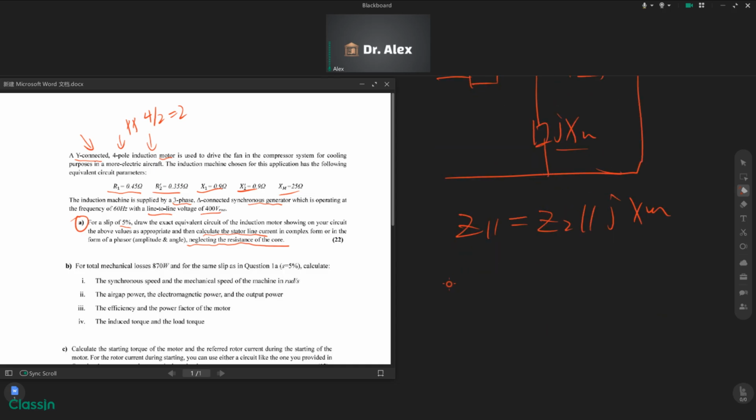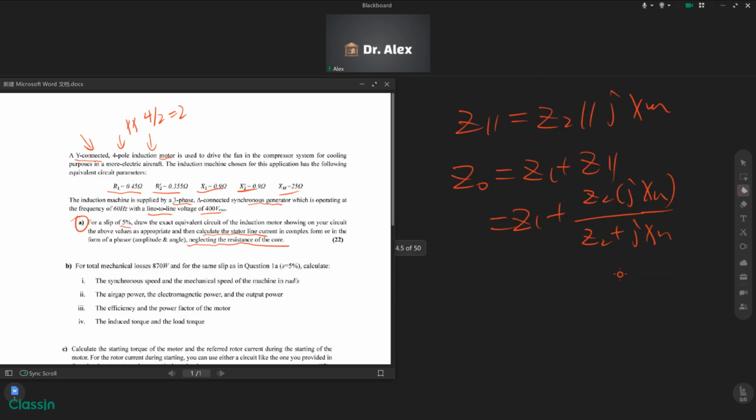And the total impedance in this circuit is Z1 plus Z parallel, which is Z1 plus Z2 times jXm over Z2 plus jXm, right? So we can get the numerical expression for Z1, which is R1 plus jX1, which is 0.45 plus j0.9.